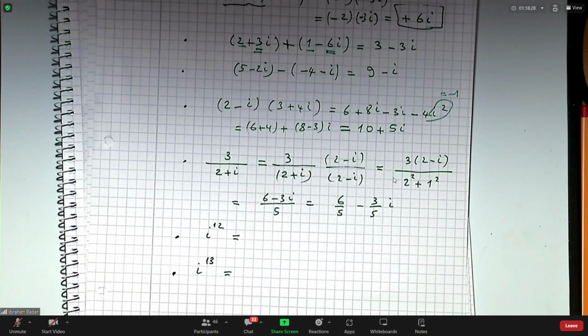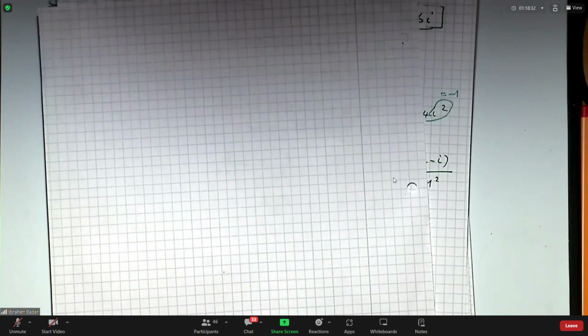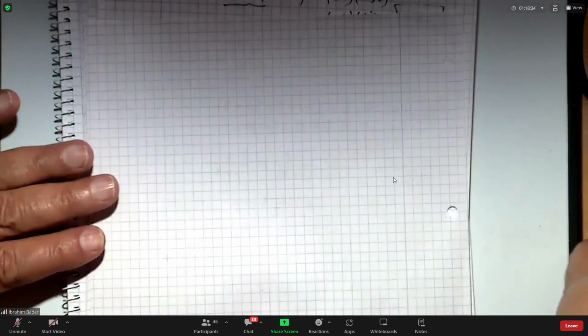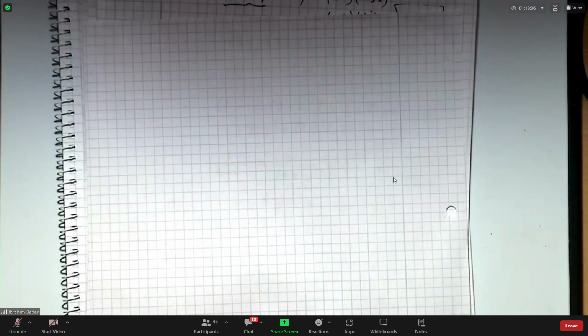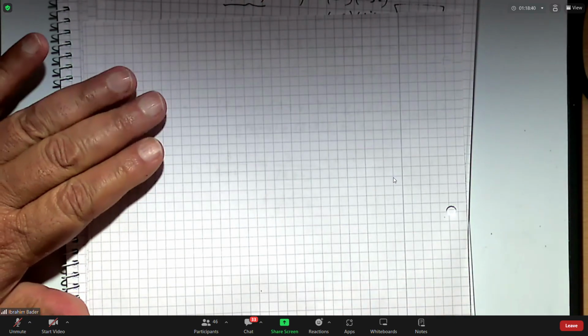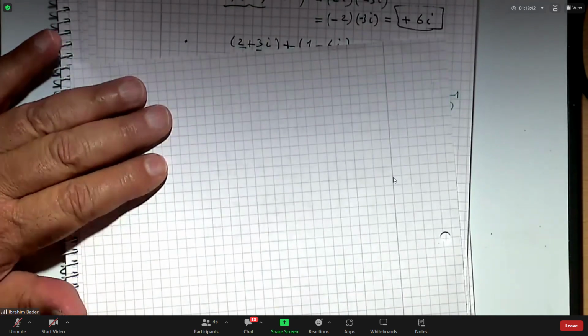Well, I will just remind you of some basic rules. I told you at the beginning there's something I want you to refresh your memories about: exponents and some simple logarithmic equations.